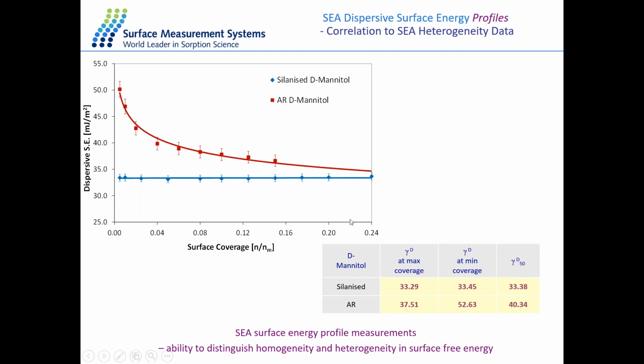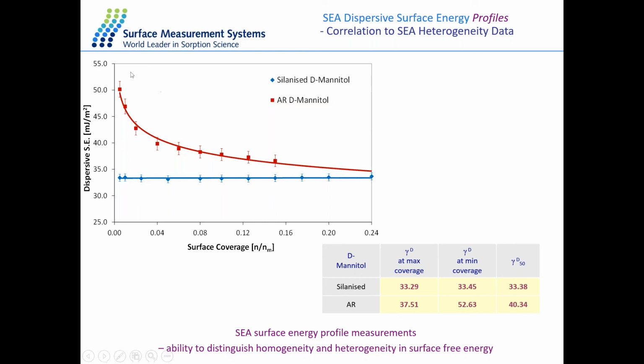So firstly, what we can understand from this is that our silanized D-mannitol has a much lower dispersive surface energy compared to the as received D-mannitol. And what we can also see is that at infinite dilution, so this region here, we have quite a higher dispersive surface energy of our as received D-mannitol compared to the silanized D-mannitol.